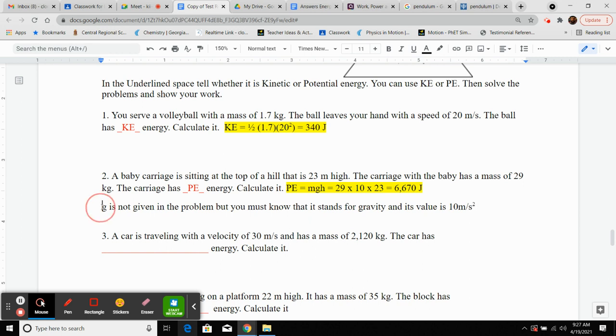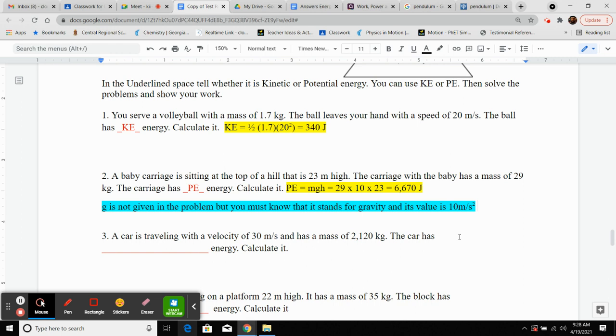Even though G is not given as a value in the problem, when you are using mgh, you're probably only going to be given 2 numbers. That is something you must remember and recognize. That's what we use, okay?